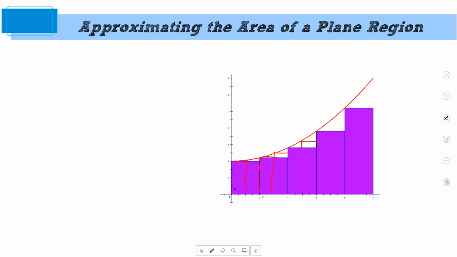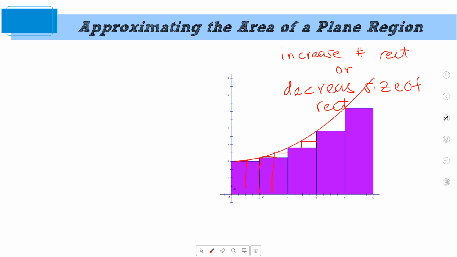Hopefully you realize that if we shrink the size of the rectangles, the number of the rectangles will go up, yes? Those are the same thing. Increase the number of rectangles, or decrease the size of rectangles.